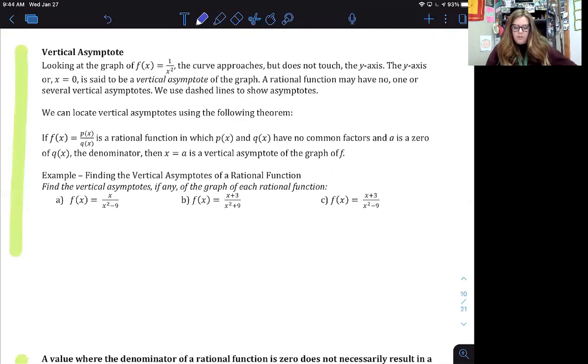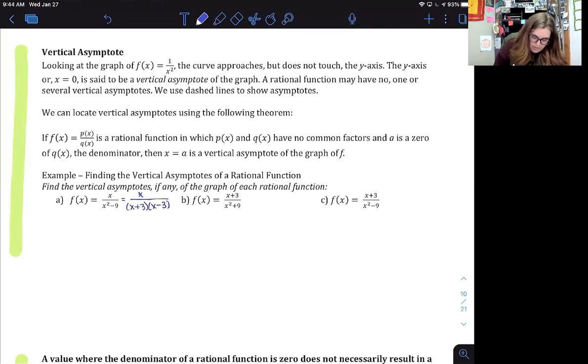So to find the vertical asymptotes, you're always going to start off with factoring. I'm going to rewrite this first one, x divided by x squared minus 9, as x over x plus 3 times x minus 3. You want to check to see, does anything cancel from top to bottom? Nothing does.